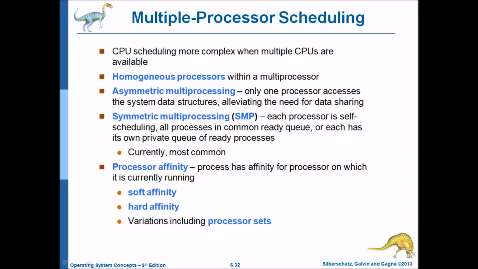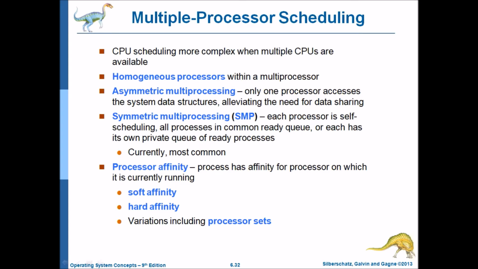Because of the high cost of invalidating and repopulating cache, most SMP systems try to avoid migrating processes from processor to processor. Instead, they attempt to keep a process running on the same processor. This is known as processor affinity.